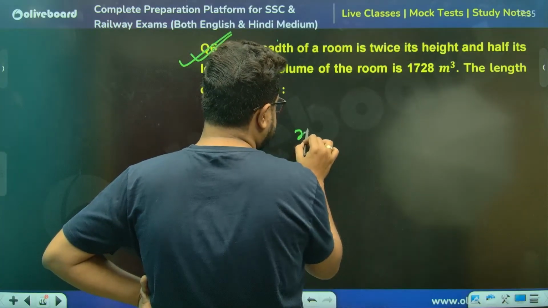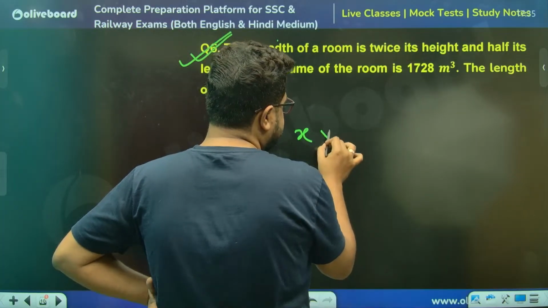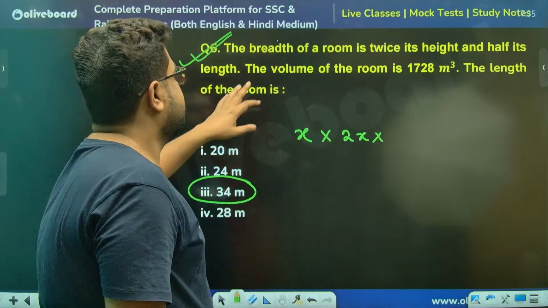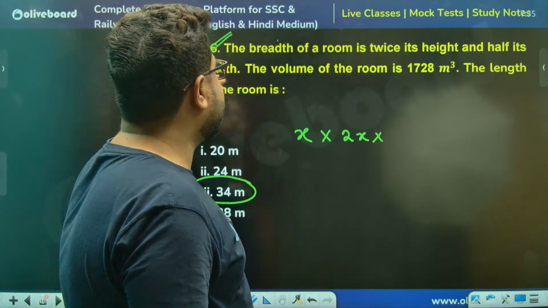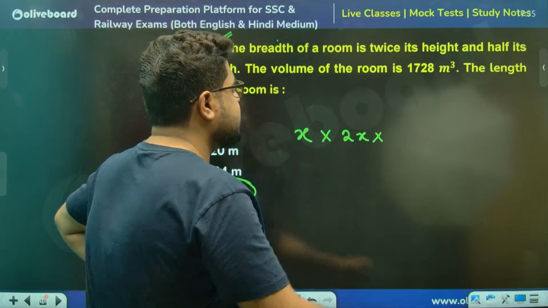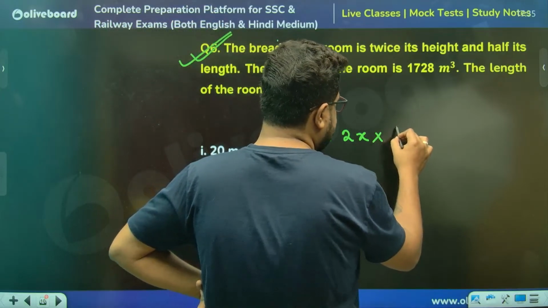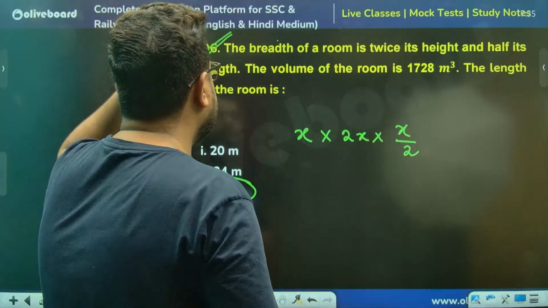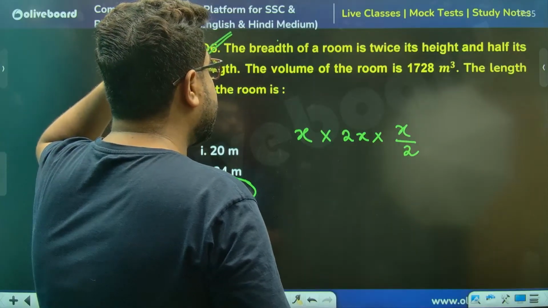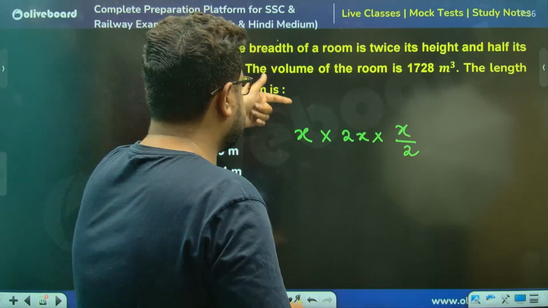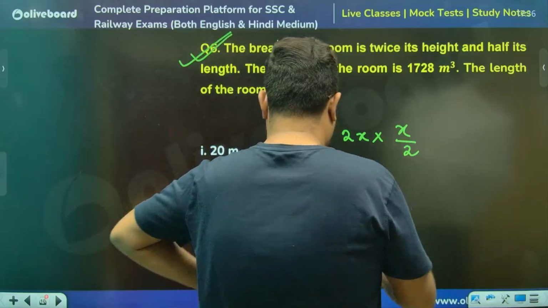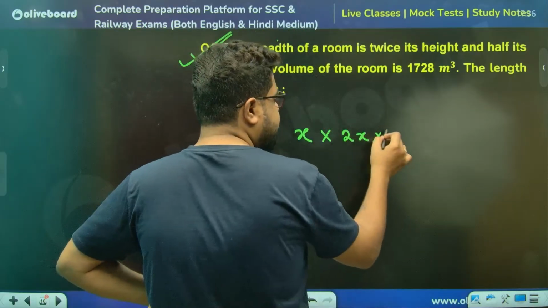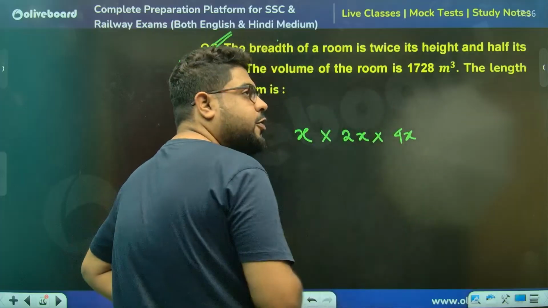Height is x, breadth is 2x. Twice the height and half the length. So this is half the length, so length is double, 4x.